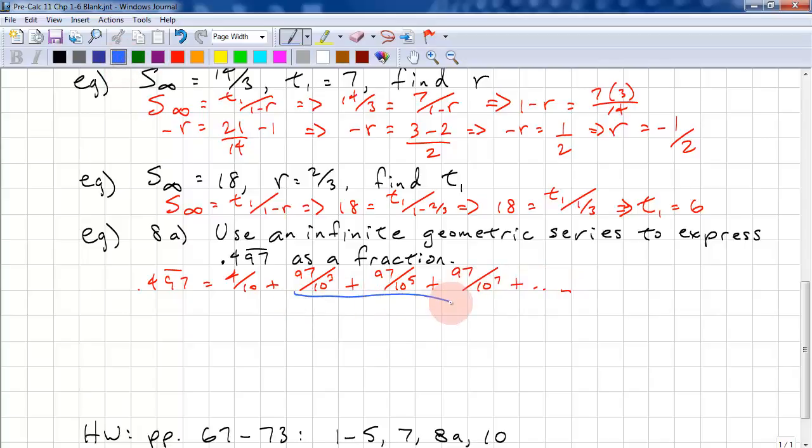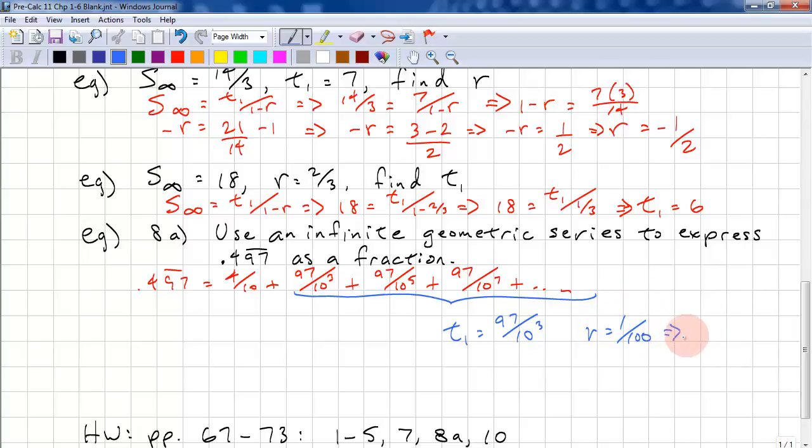So for this, we have T1 equal to 97 over 10 to the 3. And for each one, we're multiplying this term by 1 over 100. So r equals 1 over 100.